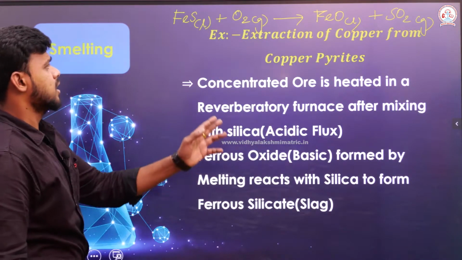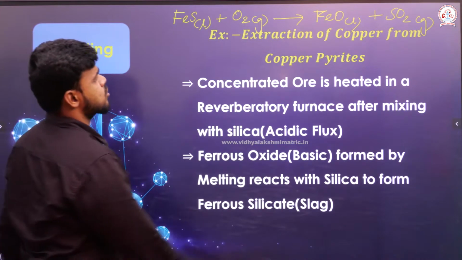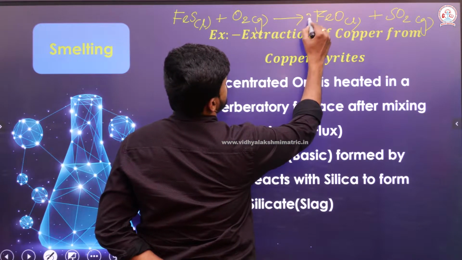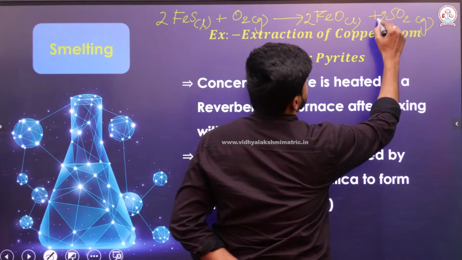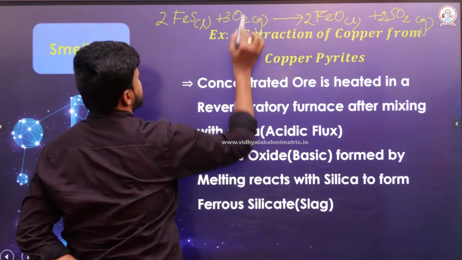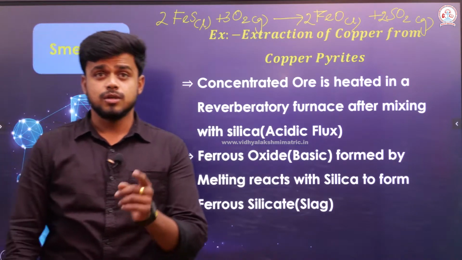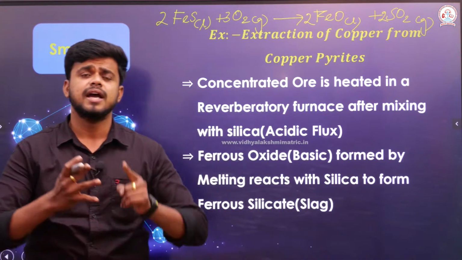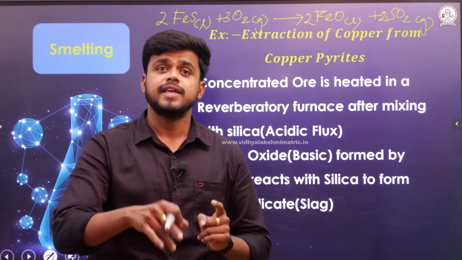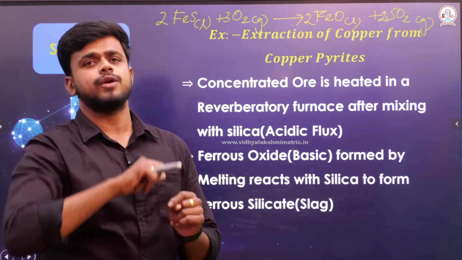So this is how the reaction goes. To balance it, let me just make it 2 here. So iron becomes 2, so here it is 2, sulfur becomes 2, so here it is 2, oxygen becomes 6, so let me mention it as 3 here, right. So from the copper pyrite we are able to get Cu2S and FeS, from which FeS is oxidized to FeO.